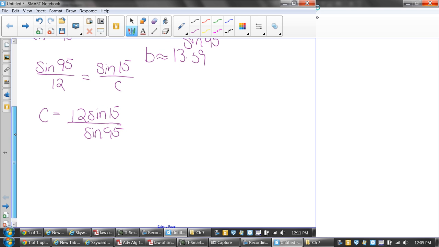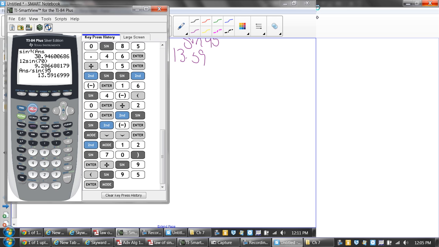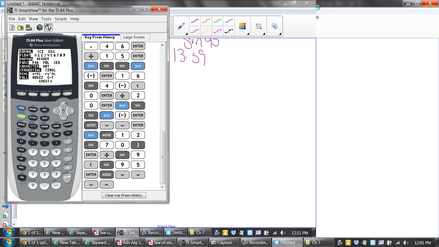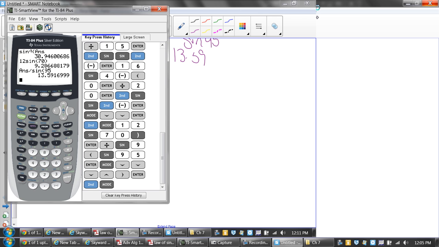You know what? I think my calculator's still in radians though. Oh, yeah. Sorry about that. I didn't think about it. If you got 11.34 for one of those, you're fine. Last hour in Algebra 2, we were messing around with what's called radians. It's a completely different way of measuring angles, in terms of pi.